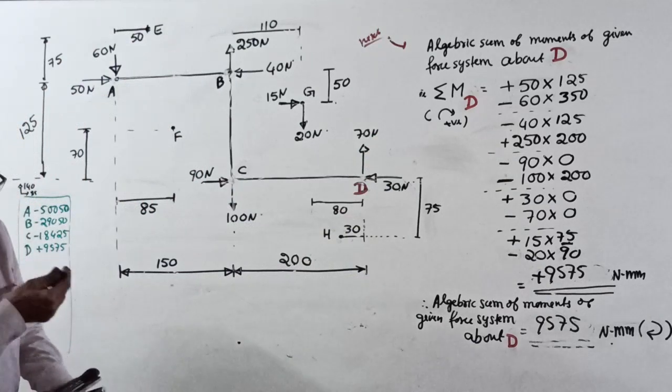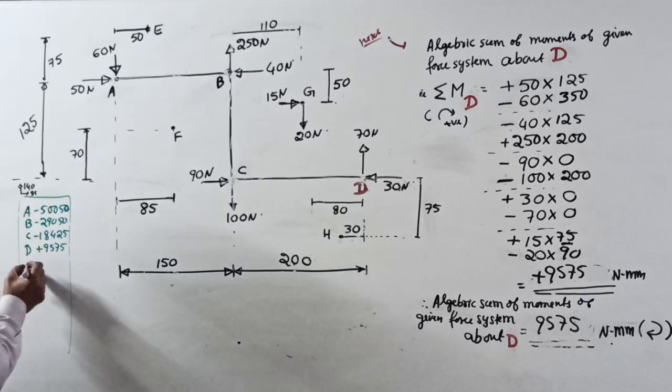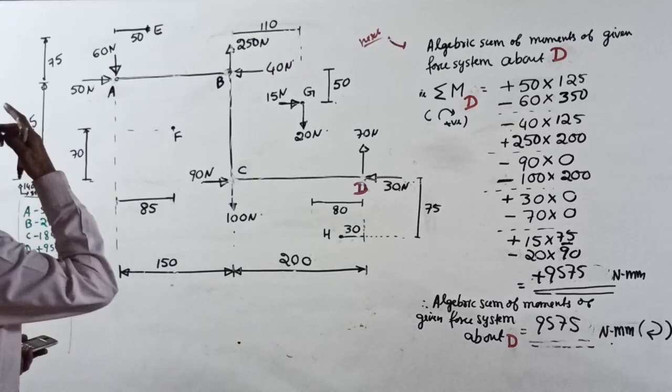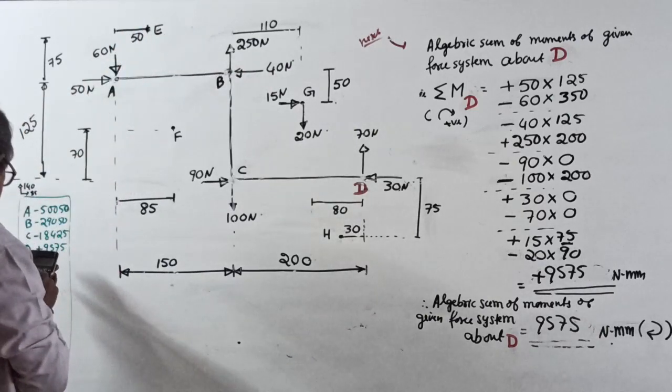The magic answer, magic means what? Directly, without calculating, about E, your answer should be, where is the point E? Point E is here. Yeah, how much did I get?